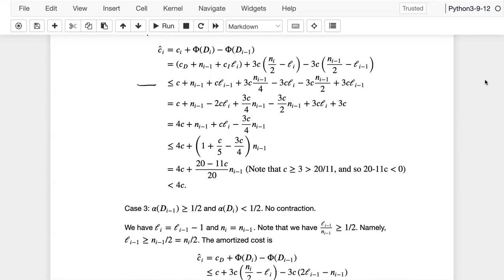Okay, so C sub D and C sub I are less than or equal to C. So now we are going to unify this constant to be C. And now let's look at this term. n sub i is equal to n sub i minus 1 over 2.